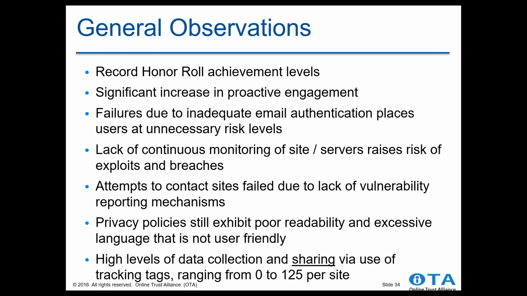I think one of the areas, Jeff, that I'd like to discuss a little bit was the failures in email authentication. This goes in a few areas, and you made a good point on calling out the top level domain or the company domain. This would be otaalliance.org versus email.otaalliance.org, and we're seeing a disconnect there.